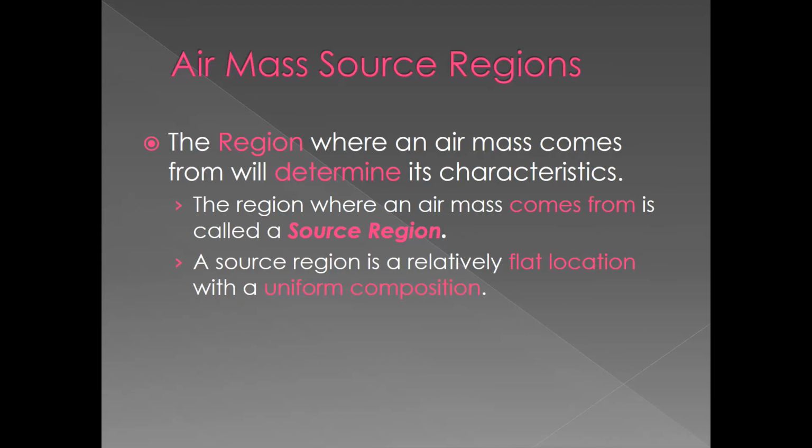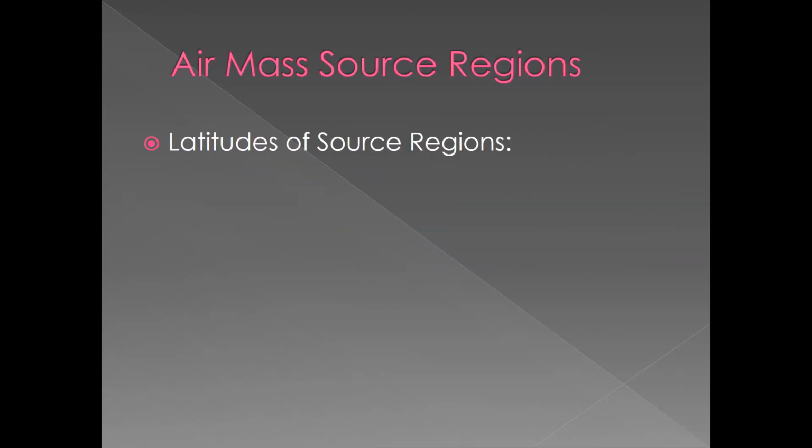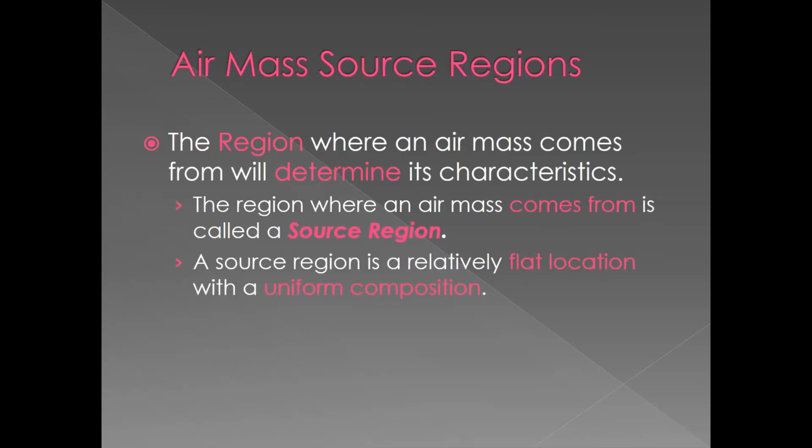So the ocean's a good source region, plains are a good source region, deserts are a good source region. And each one of these regions imparts its characteristics, imparts what it's about into the air mass. For example, just going back real quick, if the air mass forms over the ocean, it's going to be a pretty moist air mass.